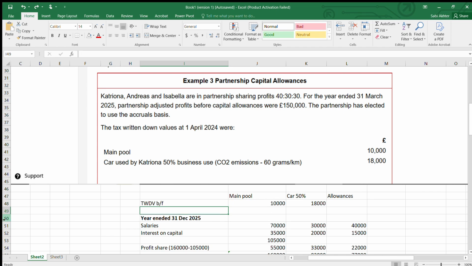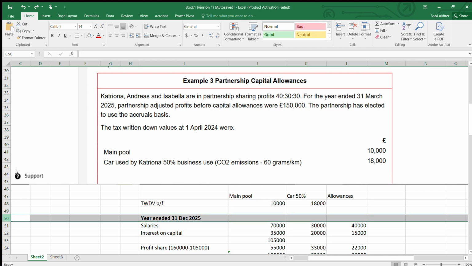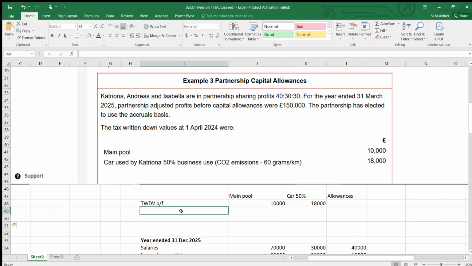Now, just insert a row above this. Here I'm going to write WDA at 18%. Why 18%? For the main pool.